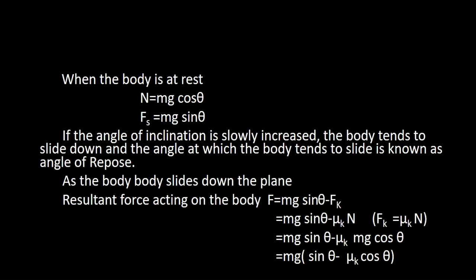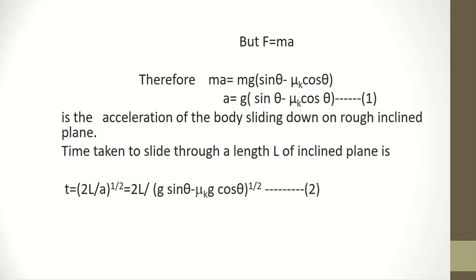Mg sin theta minus mu k N, because the frictional force in case of movement, that is the kinetic frictional force, is given by Fk equal to mu k N. Now substitute the value of the normal force. In place of N, substitute mg cos theta. Take mg as common. The remaining terms are sin theta minus mu k cos theta.